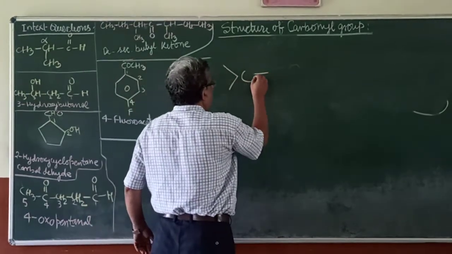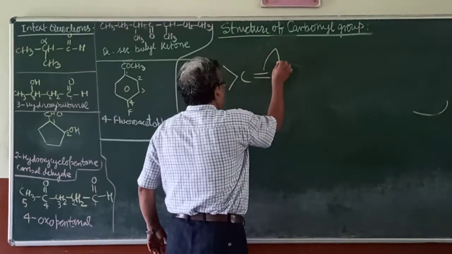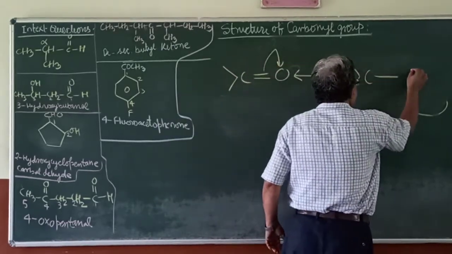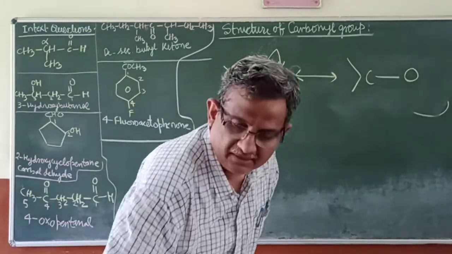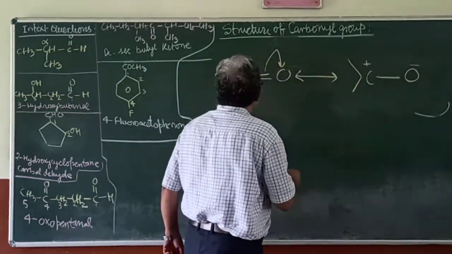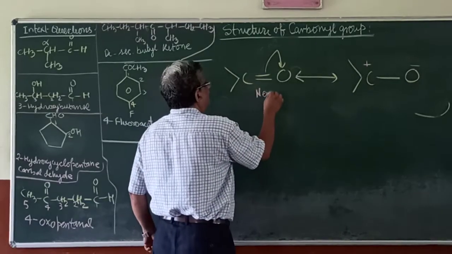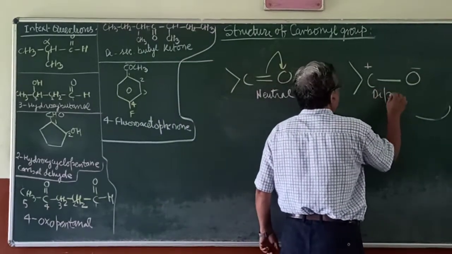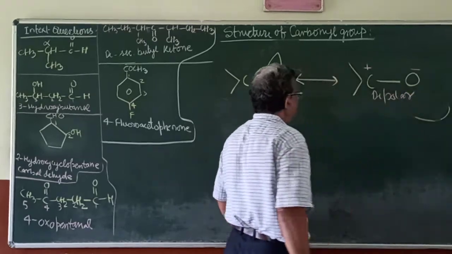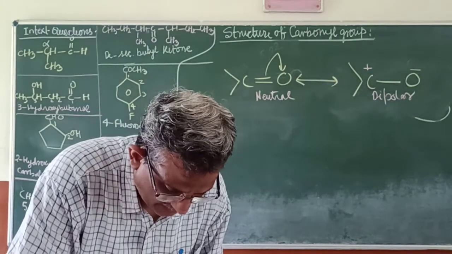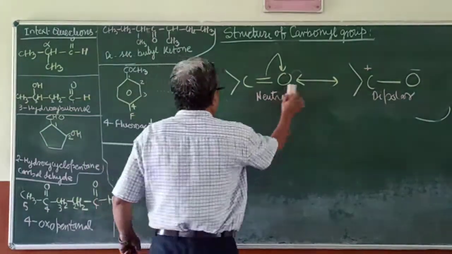This is C double bond O, and if I make the resonance structure, this becomes C positive and O negative. Here the charge is negative, this is positive. This is neutral, and this is a dipole.